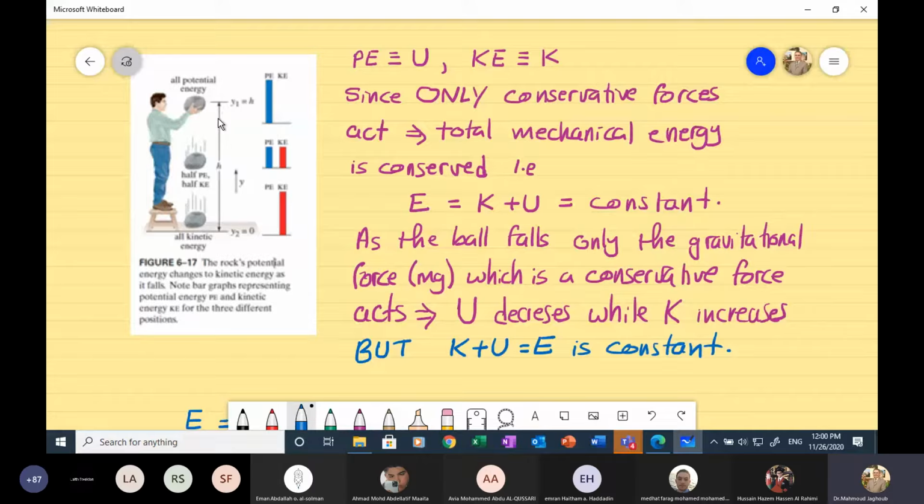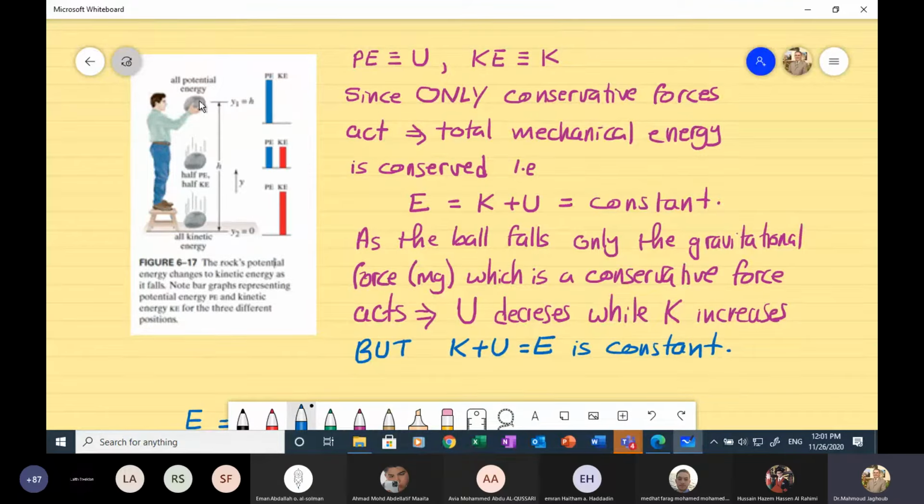Now, as it starts to move down, potential decreases and kinetic what? Increases. At this point, all the energy that it had here has become kinetic and the potential equals what? Zero.